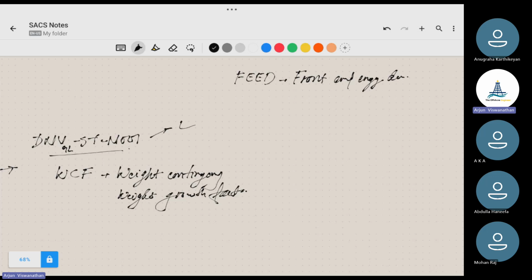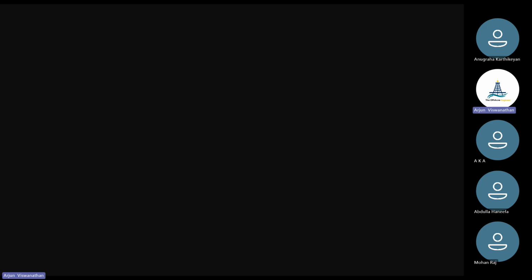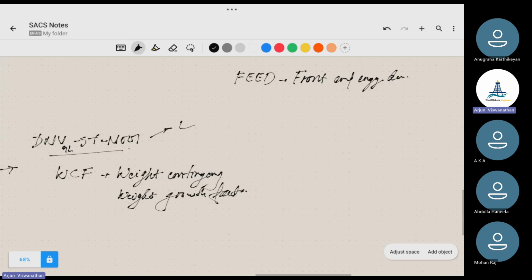This won't be that accurate. We will take some not-to-exceed loads, and we will have some historical data. We will do it for some critical cases and check whether this arrangement, structure or methodology is going to work. Sorry, my screen. Okay, it came back. So that is the FEED stage.